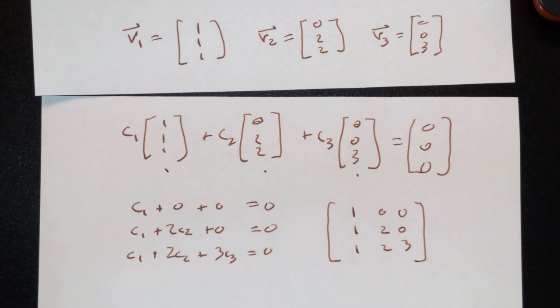The big, huge, monstrously often used, most commonly used theorem in all of linear algebra: this has only the solution x equals 0 if this matrix is invertible, and there is a single number I can calculate to tell whether or not it is independent or dependent, whether or not it is invertible.